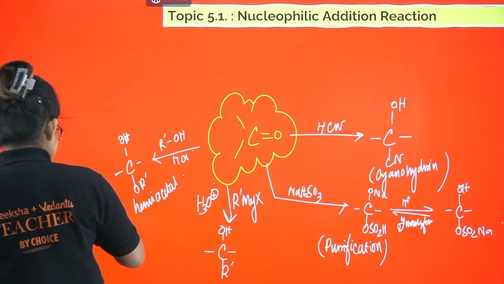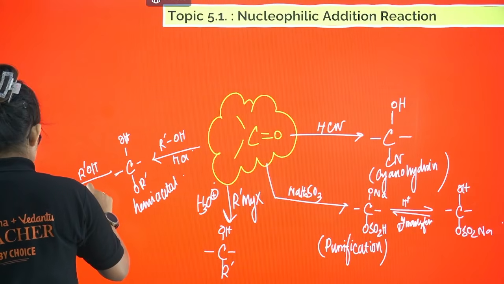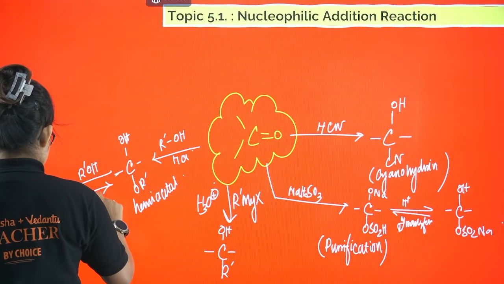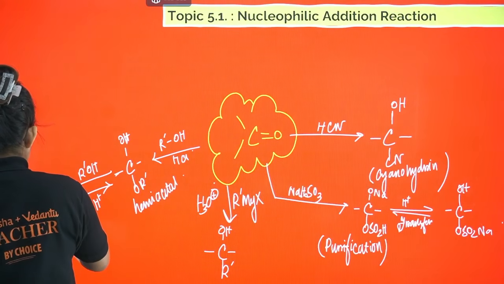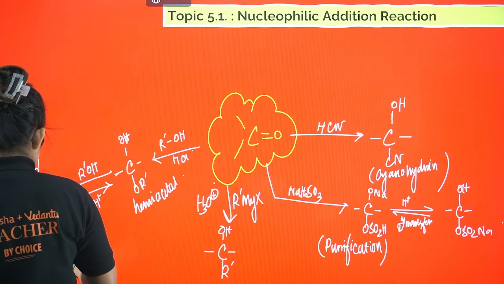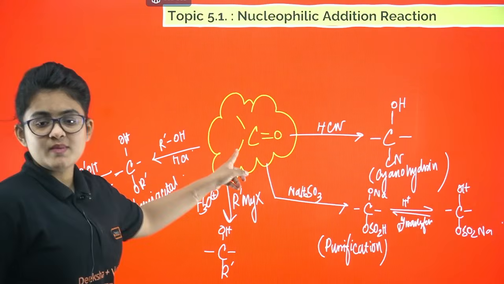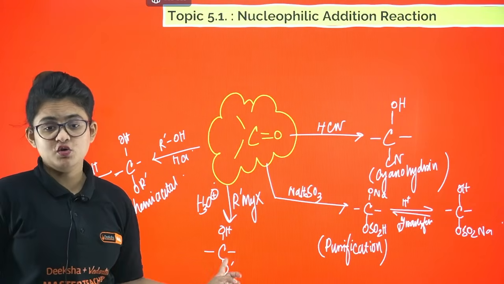Further, if you give R prime OH, definitely in the presence of some H plus, it will form the acetal. One thing: if you are starting from aldehyde, it will give you acetal. If you are starting from ketone, it will give you ketal.